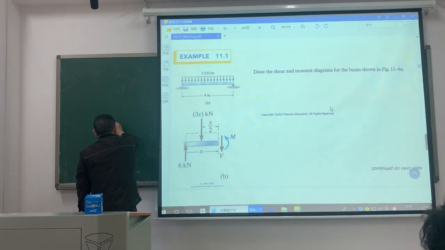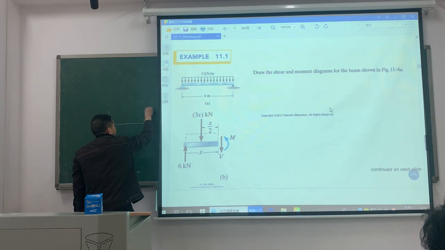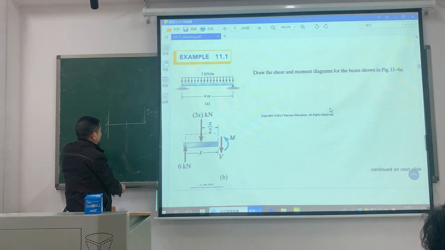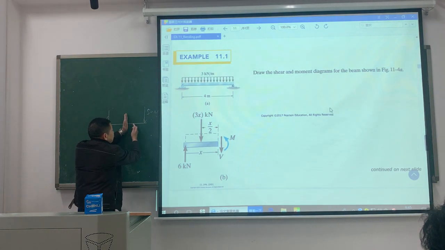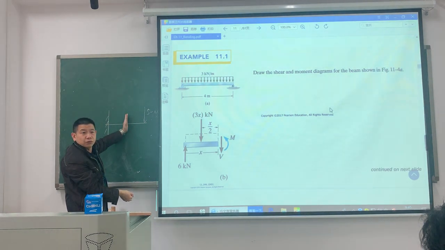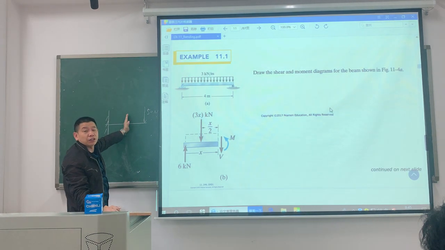Suppose it is a cantilever beam. Make a cut. For the right segment, all the loading is unknown, so we can't find the reaction.